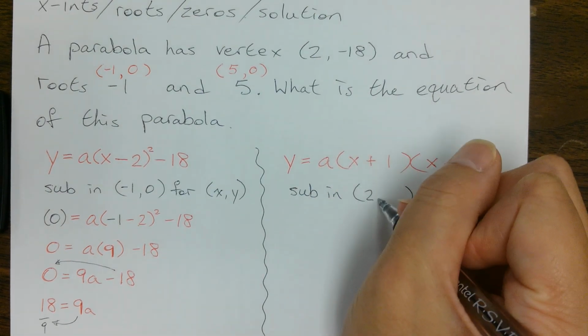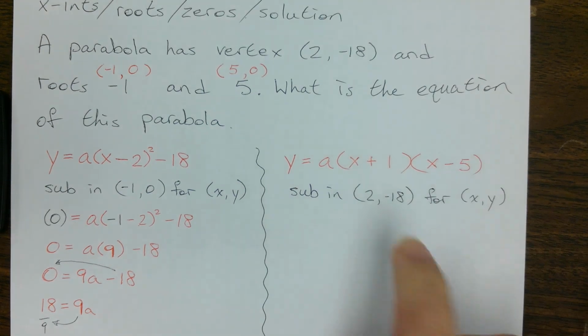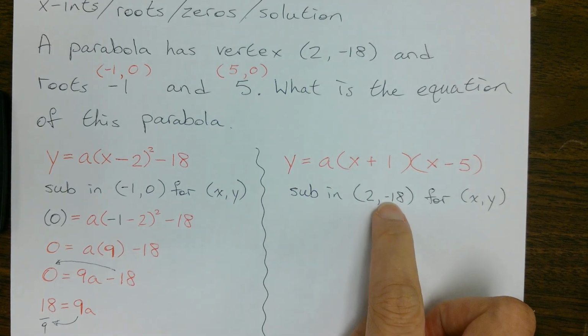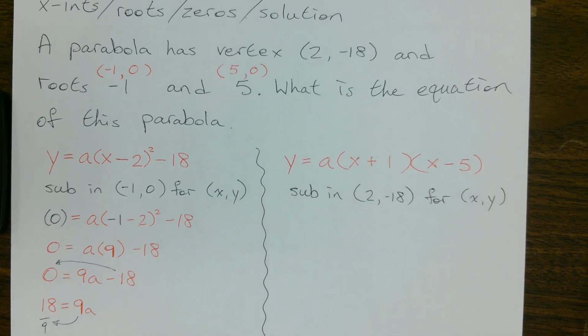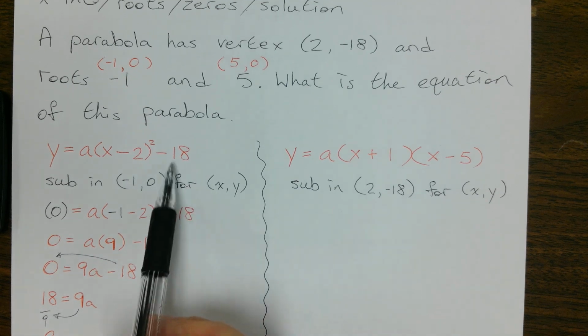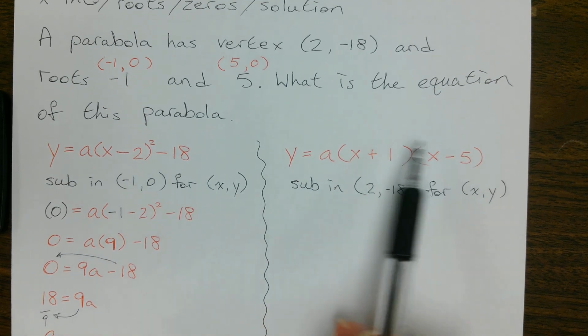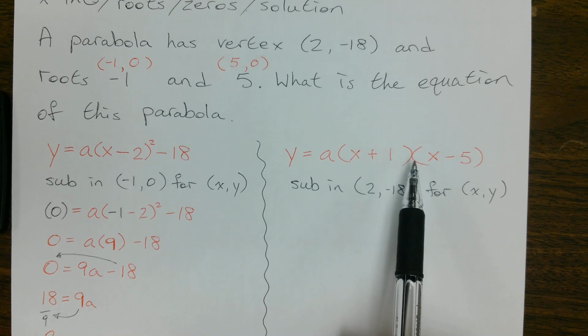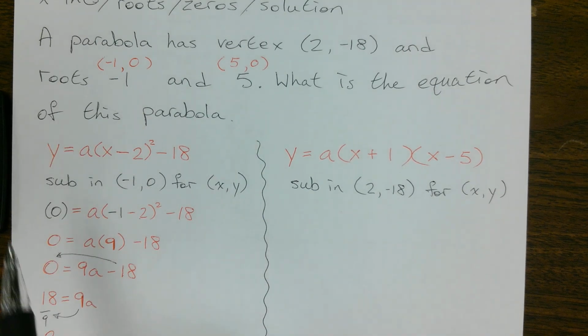Now, since I used my intercepts to set up my equation, I can use my vertex as the third point, the other point to sub in. Remember, if you used your x-intercepts to set up this factored form, you cannot sub in your x-intercepts again. Otherwise, you're going in circles. It will all cancel out.